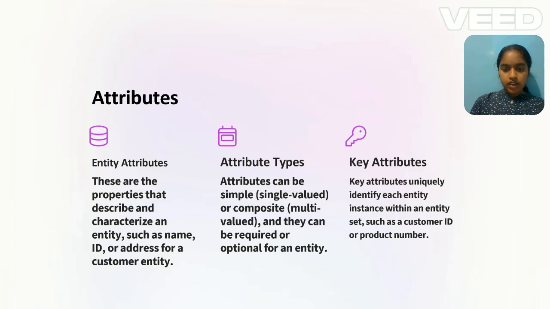Attributes. Entity attribute. These are the properties that describe and characterize an entity, such as name, ID, or address for a customer entity. Attribute types. Attributes can be simple, single valued, or composite, multi-valued, and they can be required or optional for any entity.